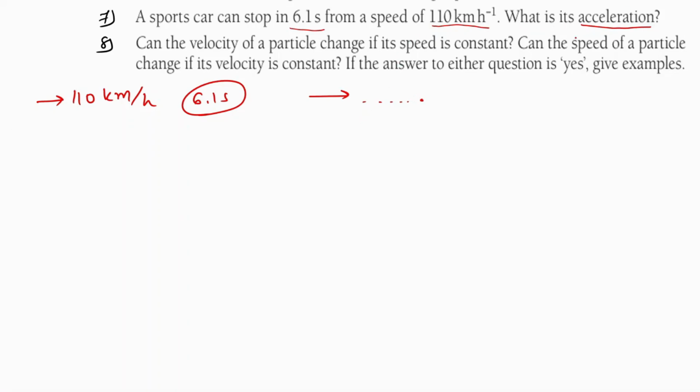Now, what is its acceleration? Here I denote the initial speed as u and the final speed as v. The initial speed is about 110 kilometer per hour, and after the car stops, the velocity of the car is zero, so it is 0 kilometer per hour.